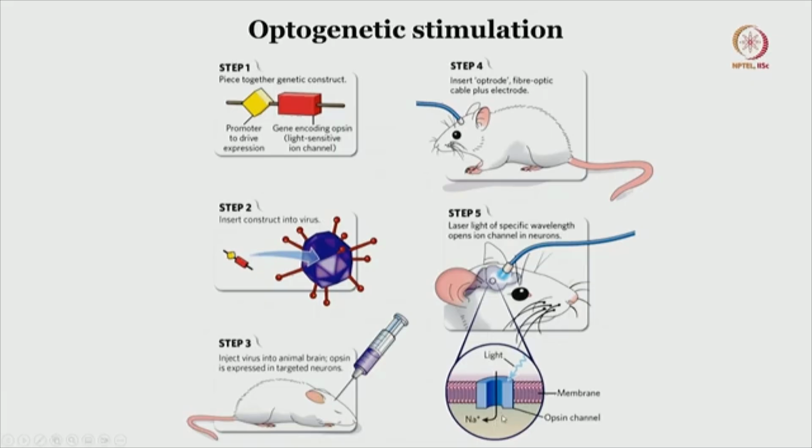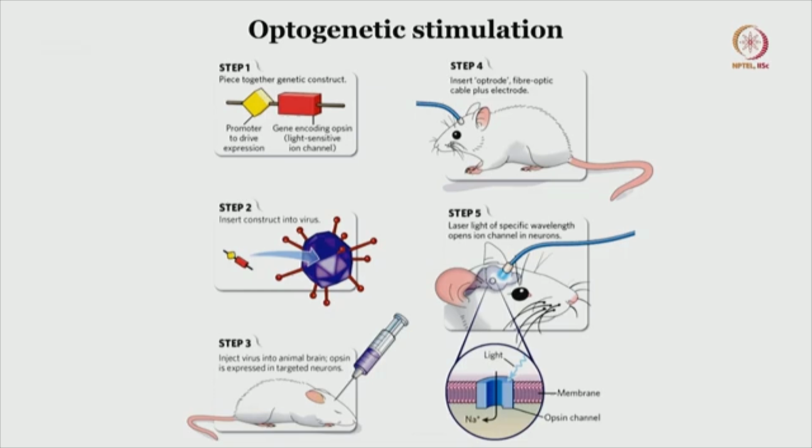So in order to get the fluorescence expressed in that particular target, you need to include this into the rat's brain, so that that particular gene is incorporated and it starts expressing the channels which will fluoresce whenever the action potential is propagated.